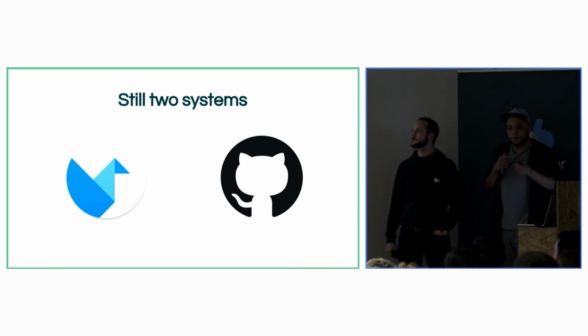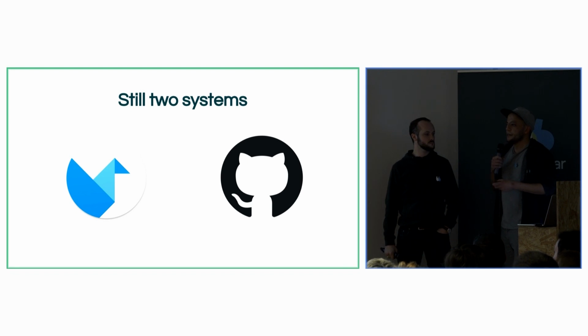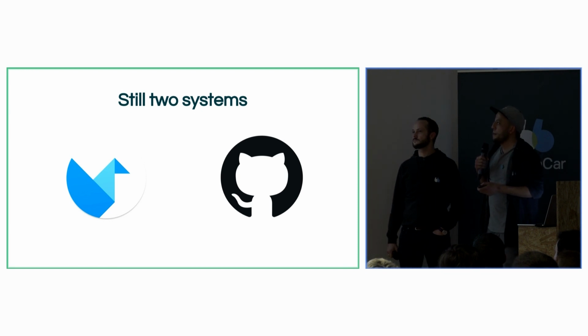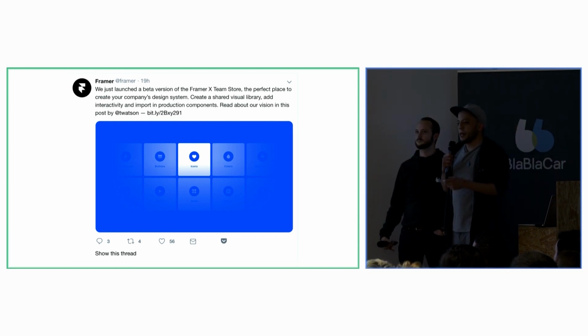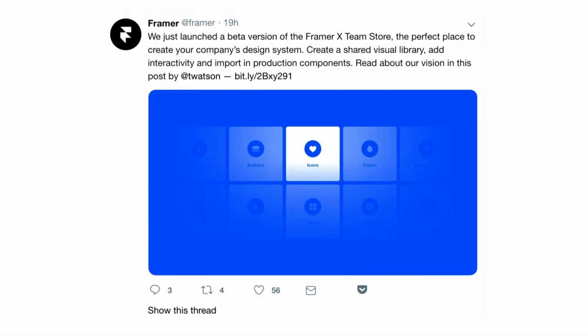But there are exciting times ahead because we're not reinventing the wheel here. There are companies who are doing the same. There are design tool companies that are doing some amazing stuff. Like Framer just announced that they're building this Store that you can actually import your production components and use them in your design tool.